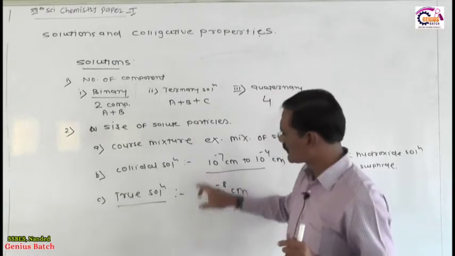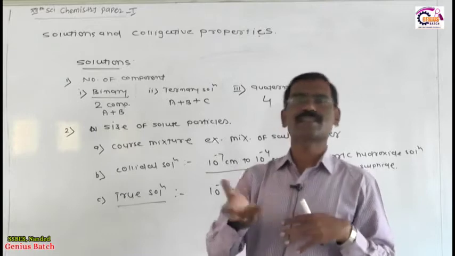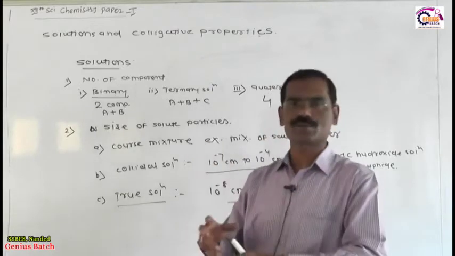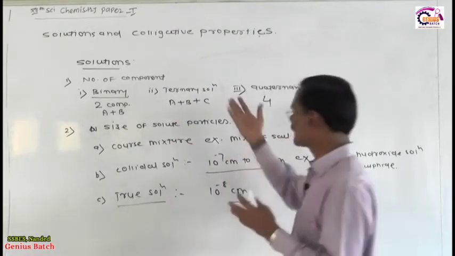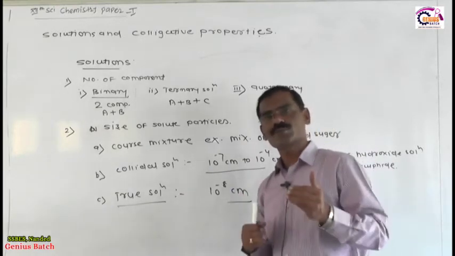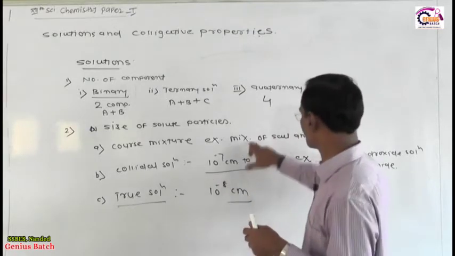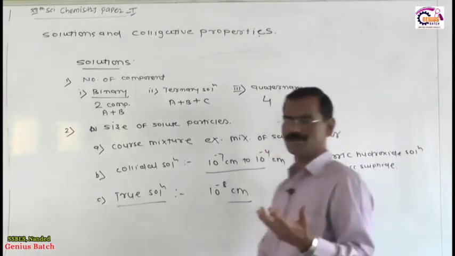What is the difference between these three? In a coarse mixture, the particle is visible to the naked eye as well as the ultra microscope, because the size of the particle is bigger. In a colloidal solution, the solute particle is in the range of 10 raised to minus 7 centimeter to 10 raised to minus 4 centimeter.